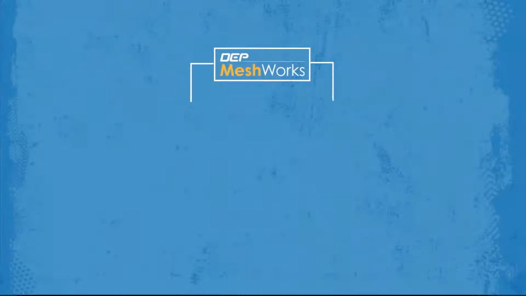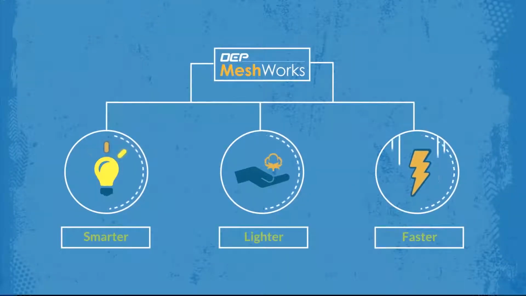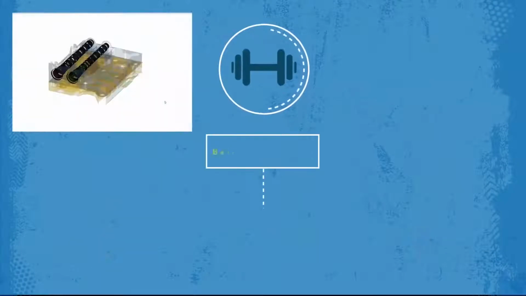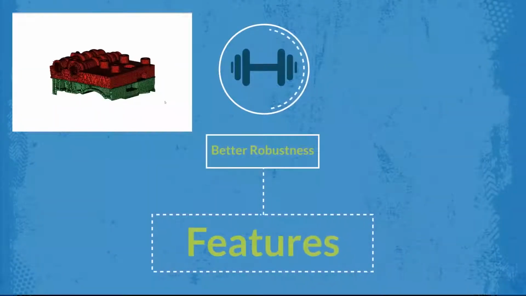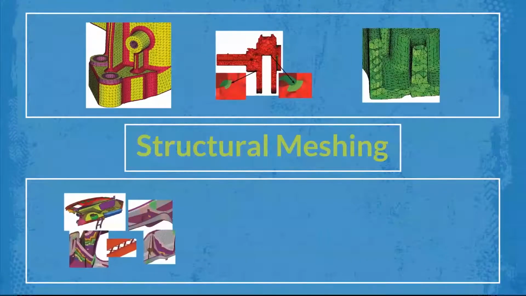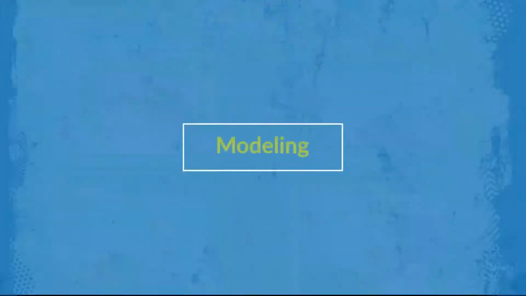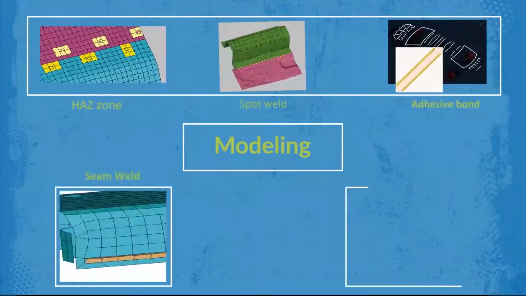The new generation of MeshWorks is an innovative platform for smarter, lighter, and faster manufacturing, while providing even better robustness in its features that perform tasks of meshing, create 2D and 3D meshes rapidly from complex CAD data. Modeling performs complex full system level models.